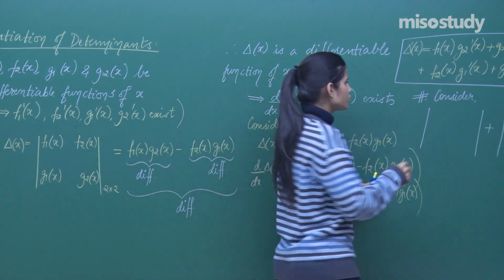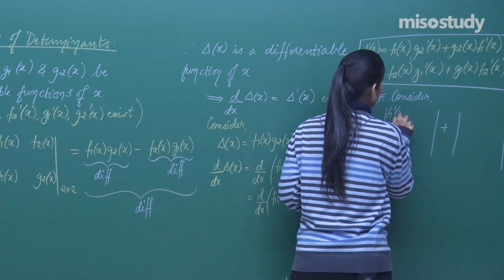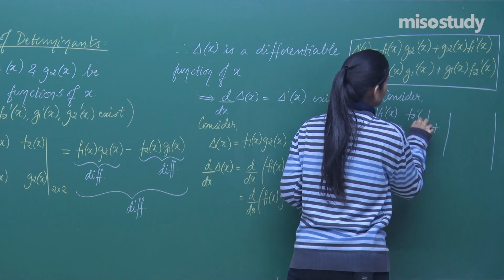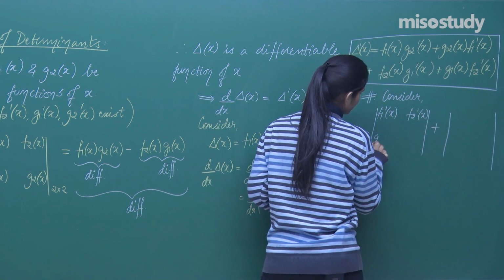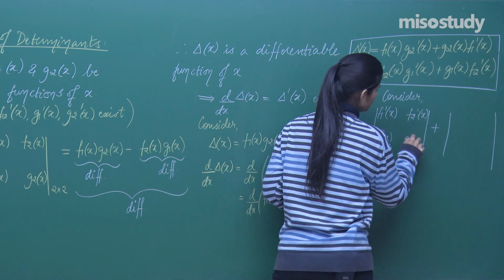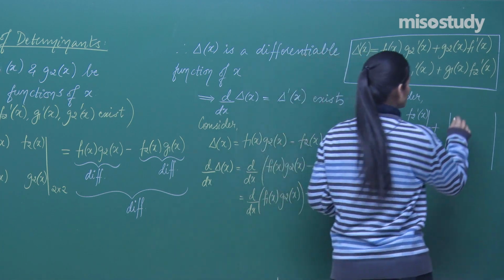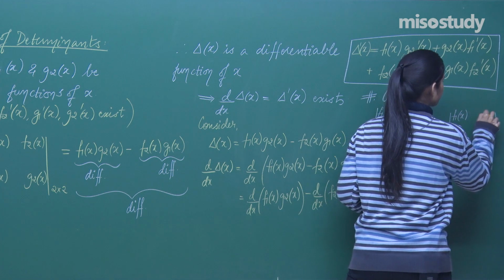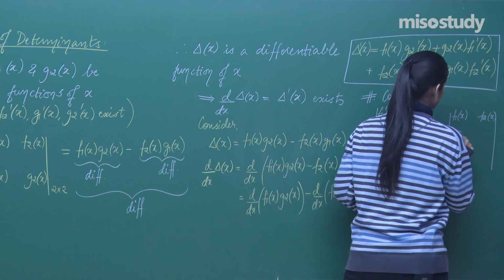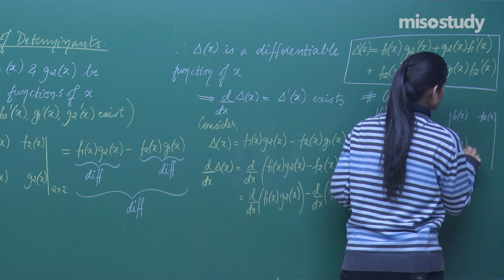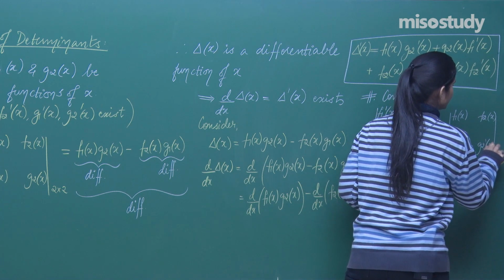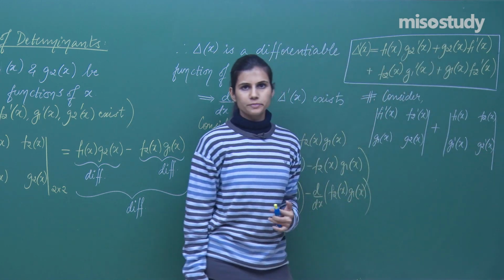So here in the first row I will have f1 dash x, f2 dash x, second row remains the same, and here the opposite. So first row as it is, second row is obtained when you differentiate each entry in the second row.